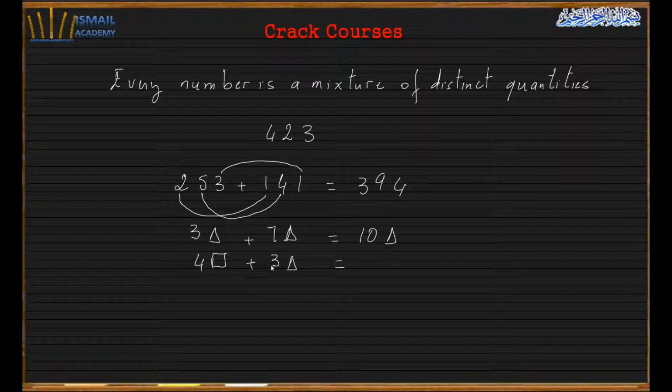They're not similar. I can do nothing here. I just keep this the same. You see, they're not similar. I cannot add them. I cannot get the total because they're not similar. It's the same thing. I cannot add the tens with the ones. They're not similar.